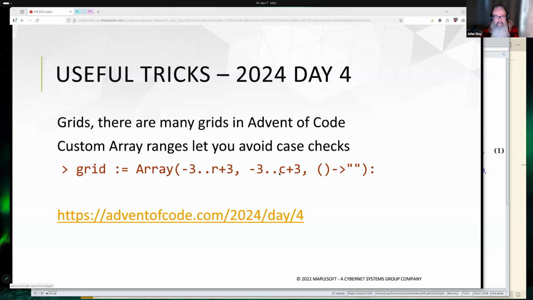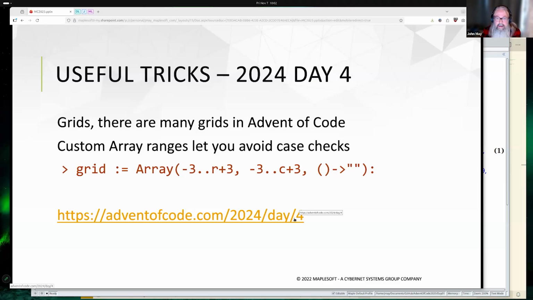So I'm actually just going to make an array in Maple with some negative indexes. If I'm searching 3 spots in any direction, which I'm going to be doing for this problem, I just make the array 3 spaces bigger in each direction and fill it with empty stuff.